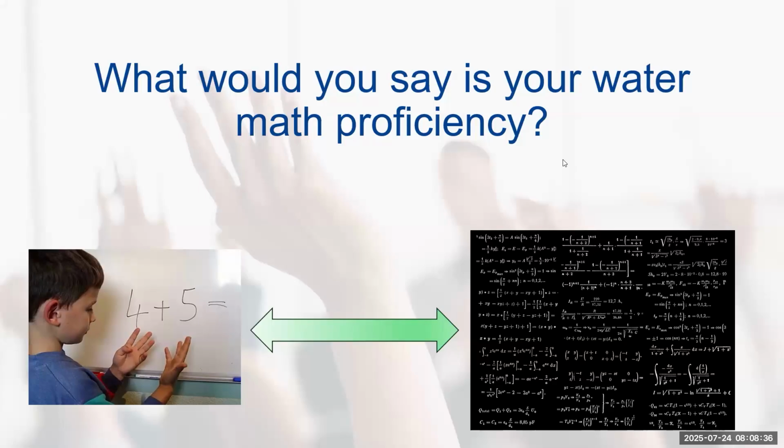If you could pull up the chat and give me, on a scale of 1 to 5, some number between 1 and 5. 1, you're in the really basic realm of your math understanding, maybe counting on your fingers. 5, you are really comfortable and proficient in math, doing calculus on a regular basis. So between 1 and 5, what would you say is your comfort and proficiency with math? Just so that I have some idea of where we're starting for today.